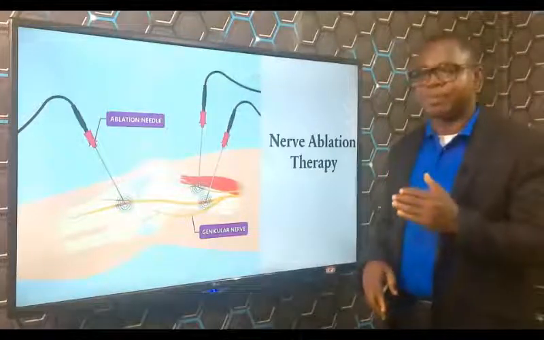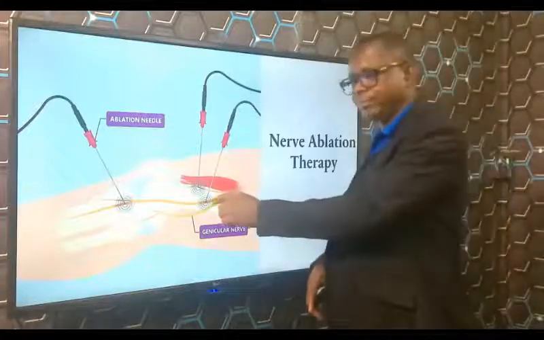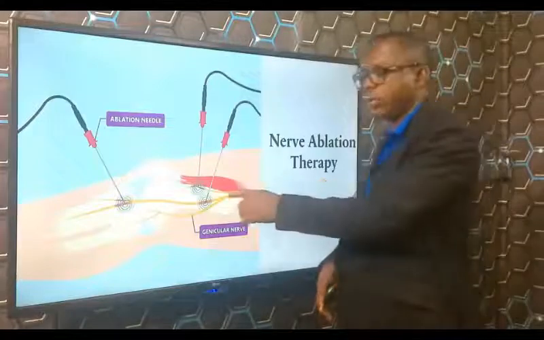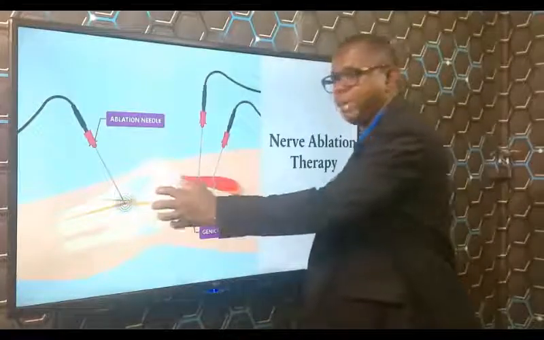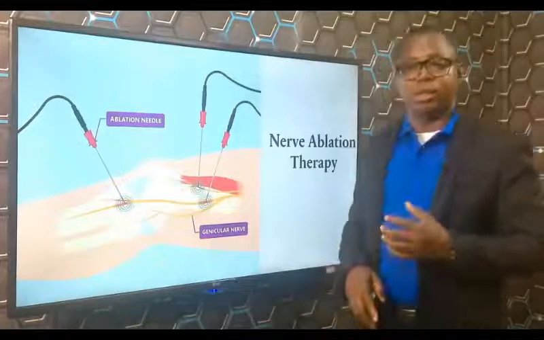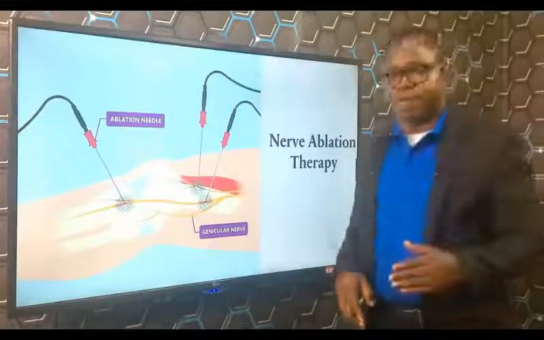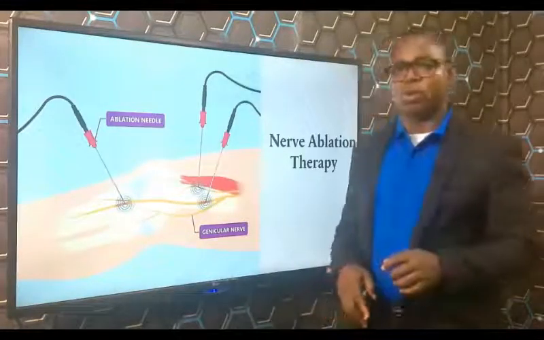Nerve ablation therapy is a process where you use heat or electric waves to cut off the nerve. When you cut off the nerve, the problem will still be there, but the pain will no longer be communicated to the brain. If the pain is not communicated to the brain, you don't feel pain. So that's the science behind cutting off the nerve, what's called nerve ablation.